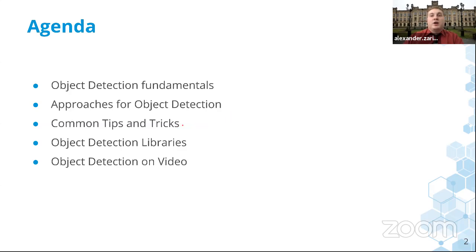Then we will review how we can modify these object detection systems to get the best speed-accuracy trade-offs that are suitable for our tasks. Then we will review common object detection libraries that are used to build object detection pipelines. And in the end, we will review common object detection approaches that are used for processing video data.